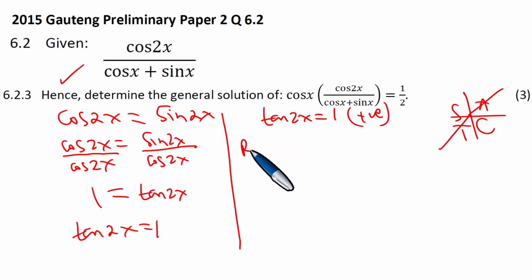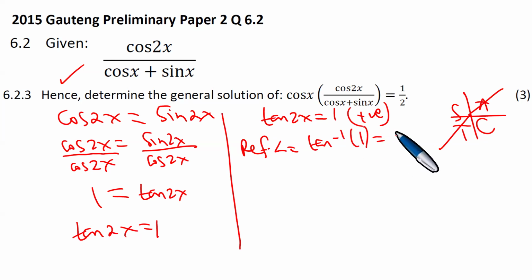But first things first, you get your reference angle, which is arctan 1, and arctan 1 equals what? Equals 45 degrees. Now, this gives us the 45 degree angle that sits exactly in that particular quadrant there.